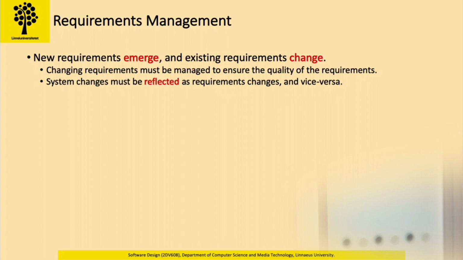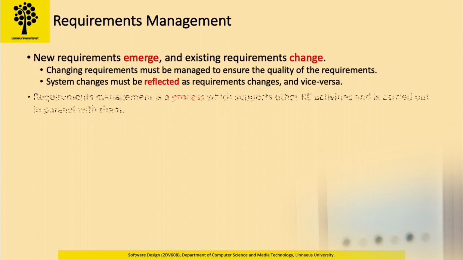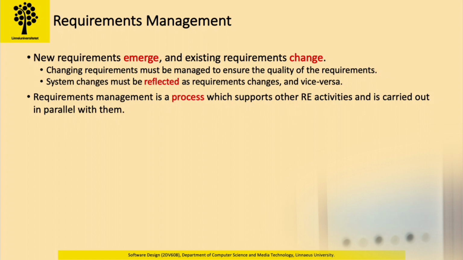And also, as I mentioned, if the system changes, the requirements change, and if the requirements change, the system will also change. So there is a bidirectional relationship between the system or the product and the requirements. So the goal is to come up with a process, in other words a policy, that will be followed throughout the requirements life or the product's life.